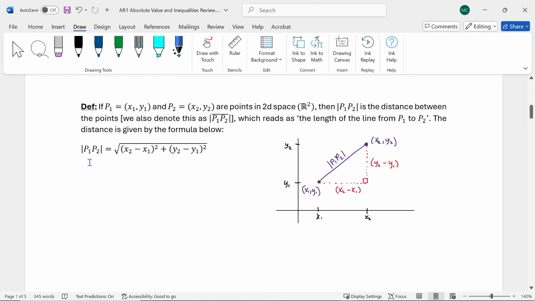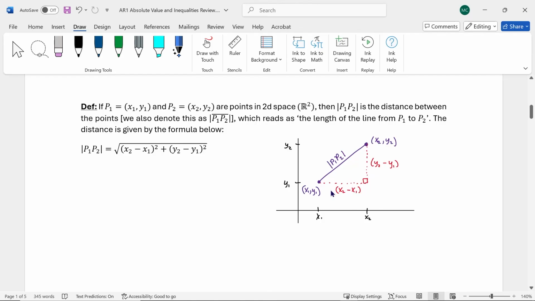The absolute value of P1P2 is equal to the square root of (x2 minus x1) squared plus (y2 minus y1) squared. Okay, where does this formula come from? Well, it's pretty simple. We just take a look here at 2 points plotted on our Cartesian plane. Got (x1, y1) and (x2, y2). And if we draw the line between these 2 points, what we notice is we can also draw, in red here, the legs of a right triangle.